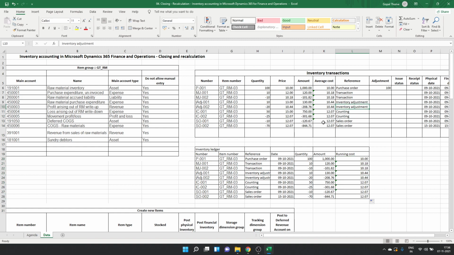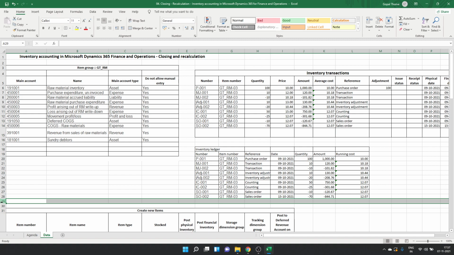Okay, so this will give me the same cost. Now we posted third party charges for this particular purchase transaction. So how is it maintained in the inventory ledger?